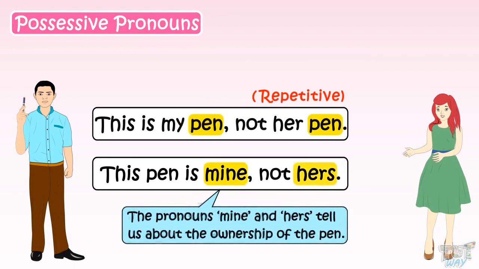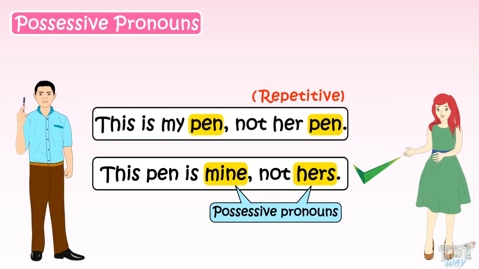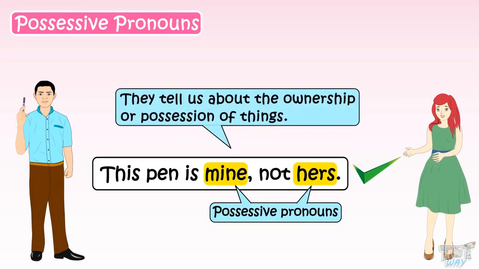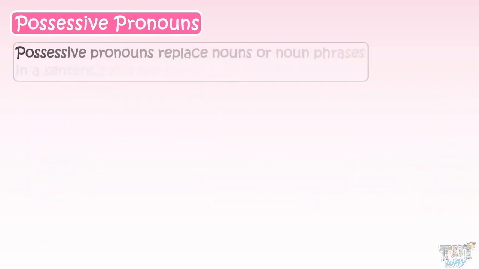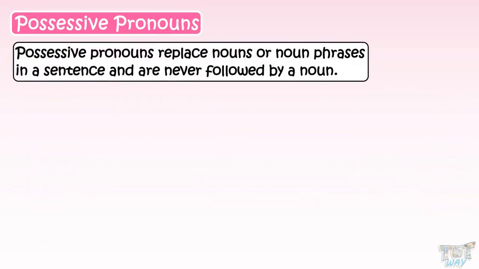The pronouns mine and hers tell us about the ownership of the pen. These pronouns are called possessive pronouns, as they tell us about the ownership and possession of things. Possessive pronouns replace nouns or noun phrases in a sentence. Also, they are never followed by a noun.